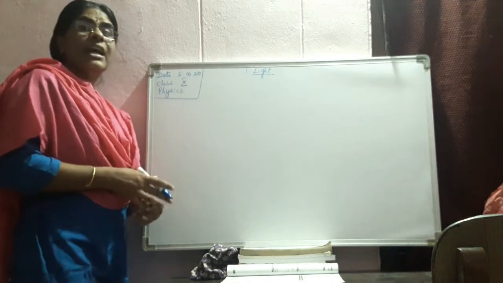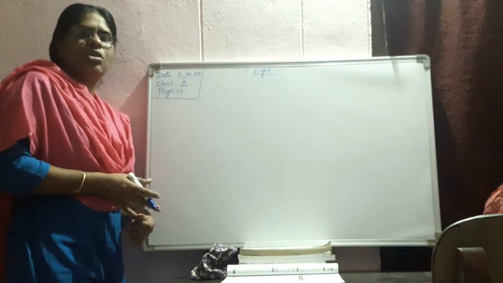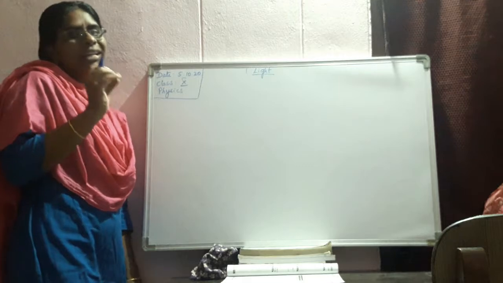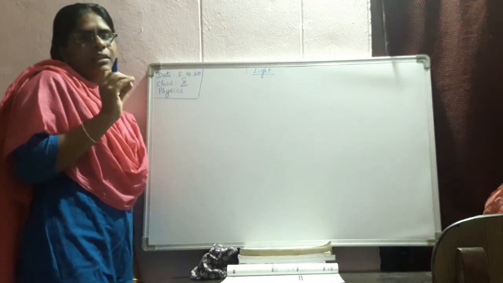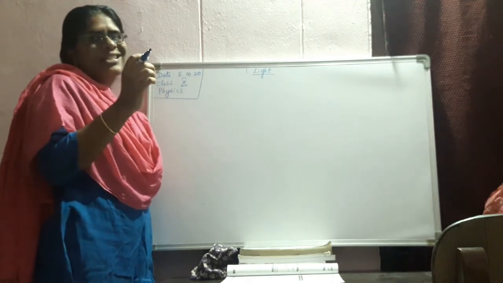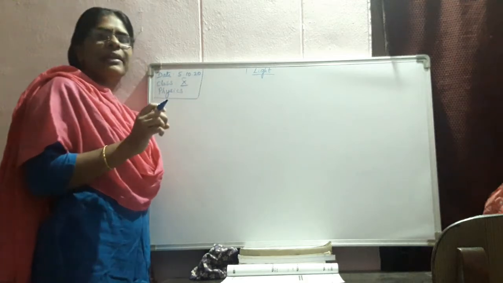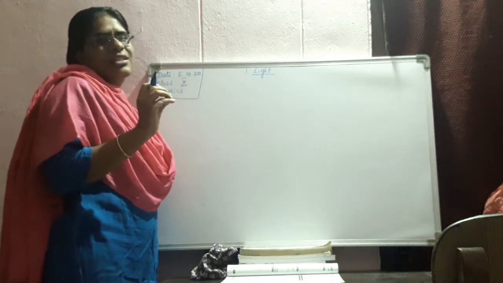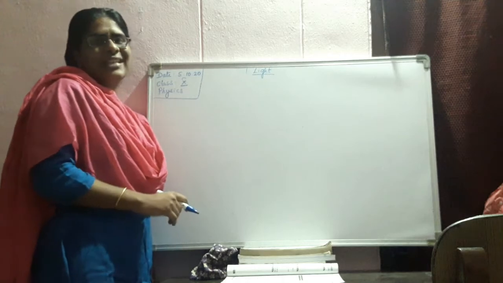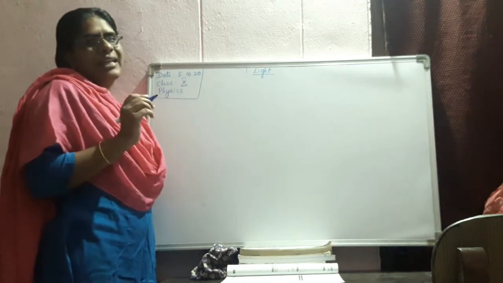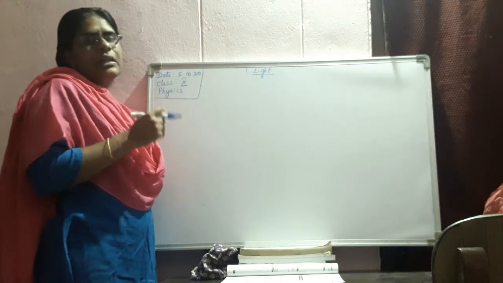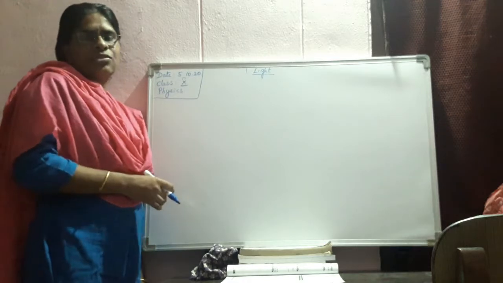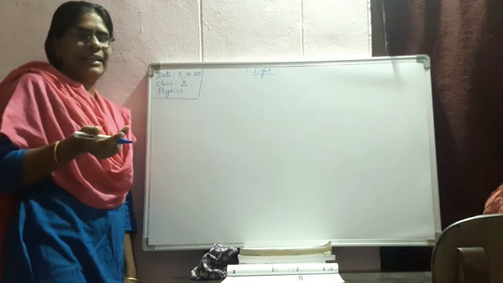Here the sign convention is always based on your incident ray. For the incident ray which is coming and falling on the mirror, all the distances in the direction of the incident light must be taken as positive. In the opposite direction, they must be taken as negative.